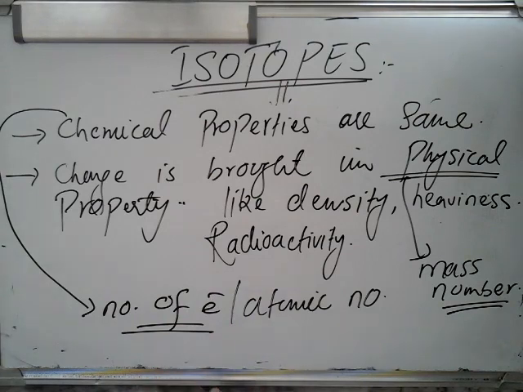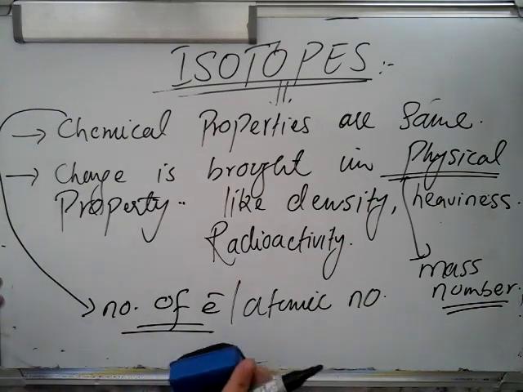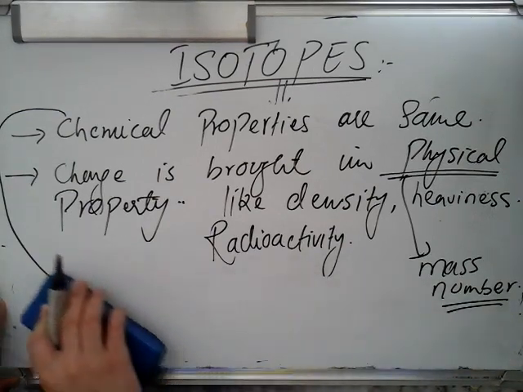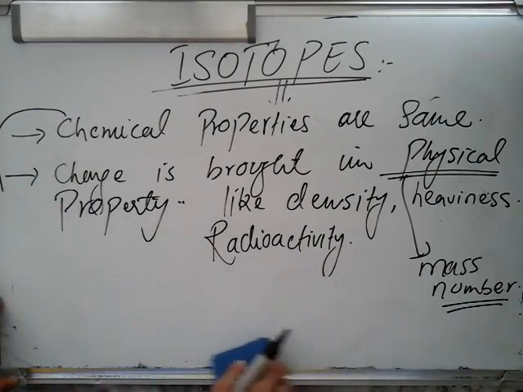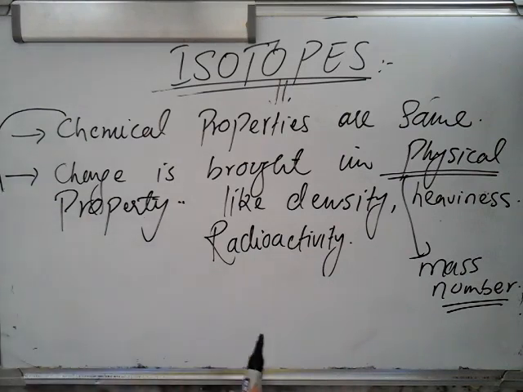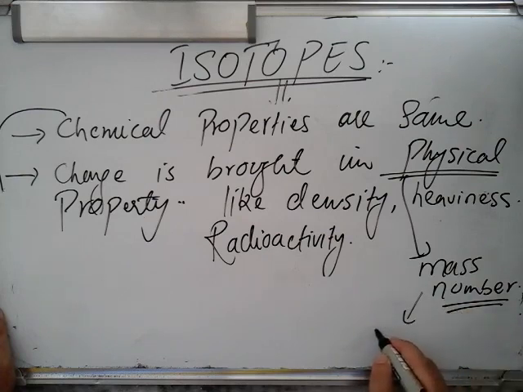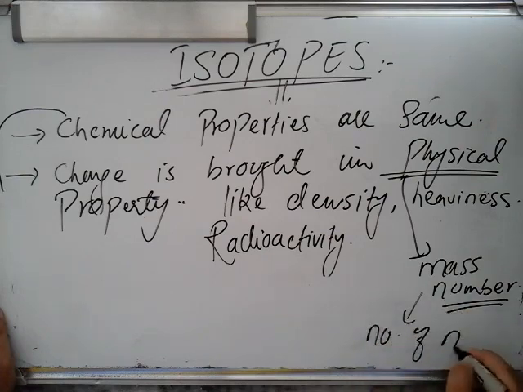So chemical properties do not change because the number of electrons remains the same. Physical properties show variation because the mass number changes, and the mass number changes because the number of neutrons is changing.